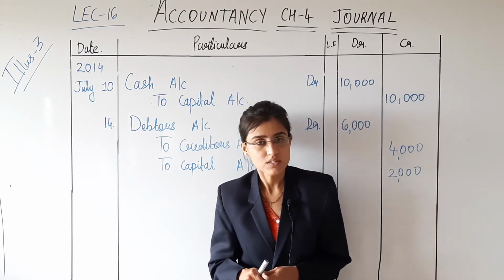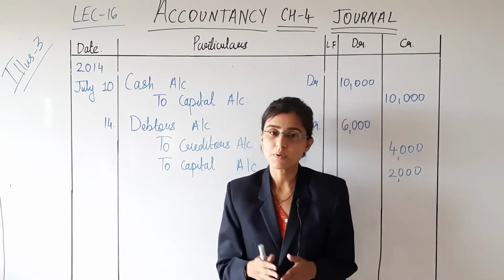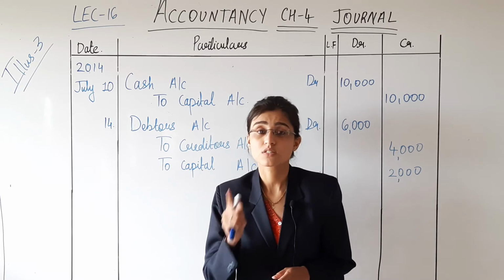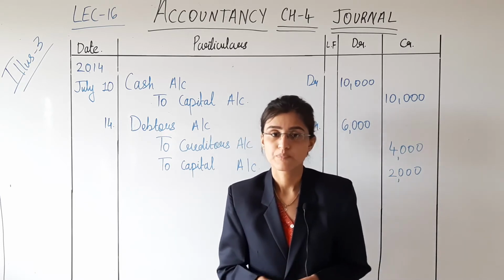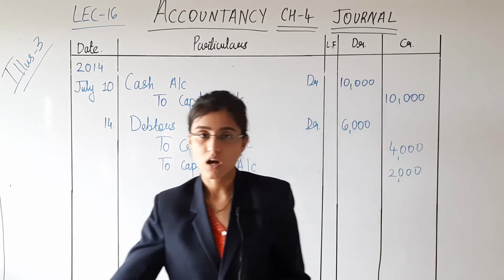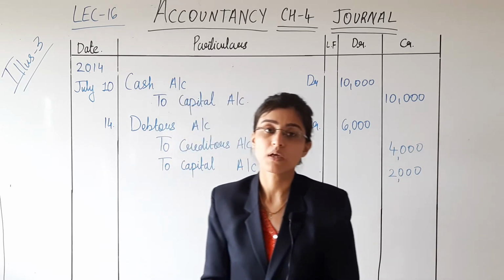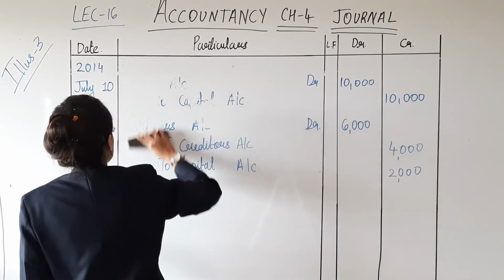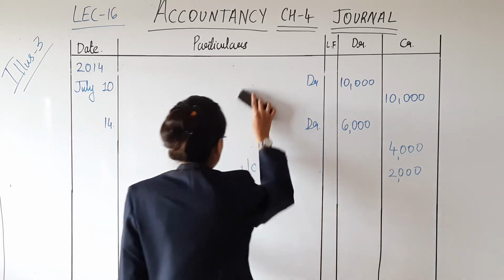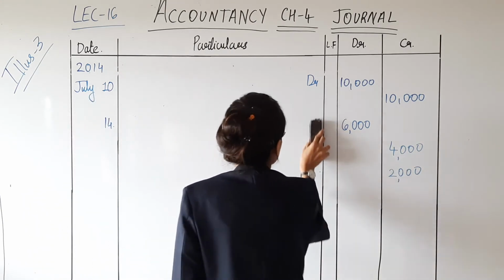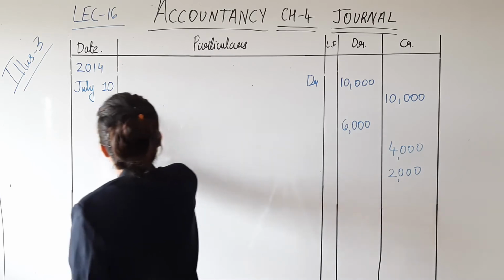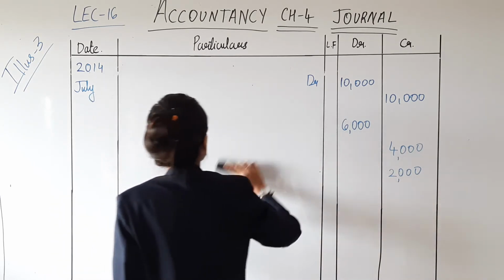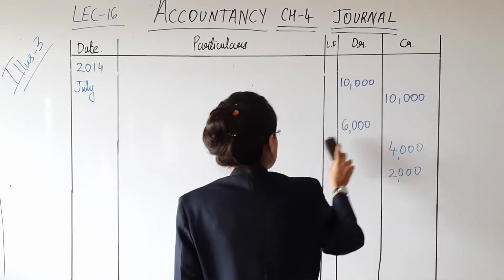So, whenever it is written paid income tax, it simply means that the tax has been paid from business, which is the personal expense of the owner, and hence drawings account will be debited, right? So, the transaction is about the payment of income tax. So the journal entry for that is drawings account debit. Let me just erase this.